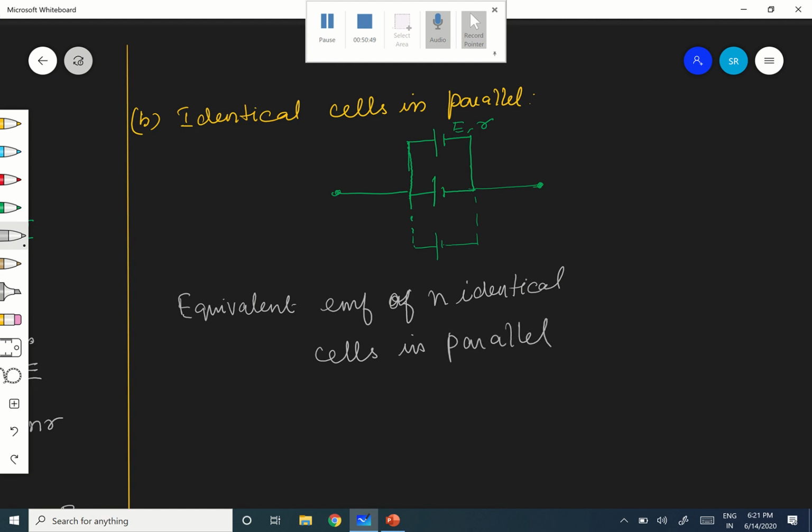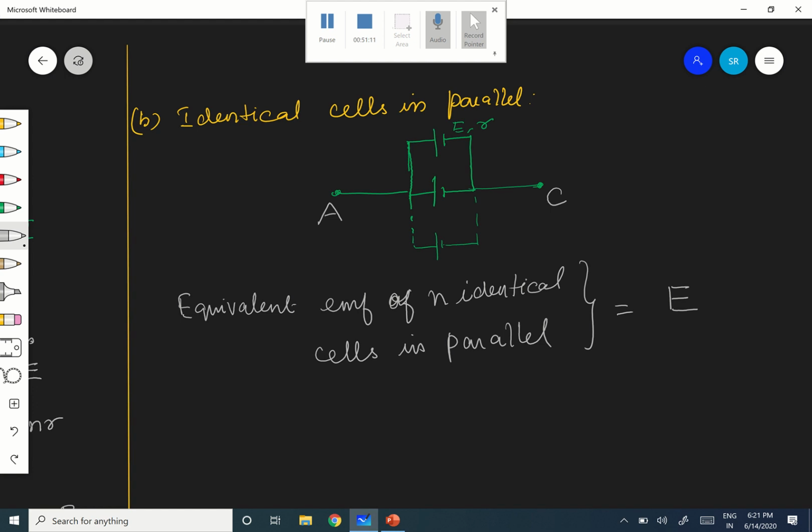It is nothing but E. When n identical cells are connected in parallel, the net EMF is nothing but E. Let there be 100 cells, but the net EMF is E only.